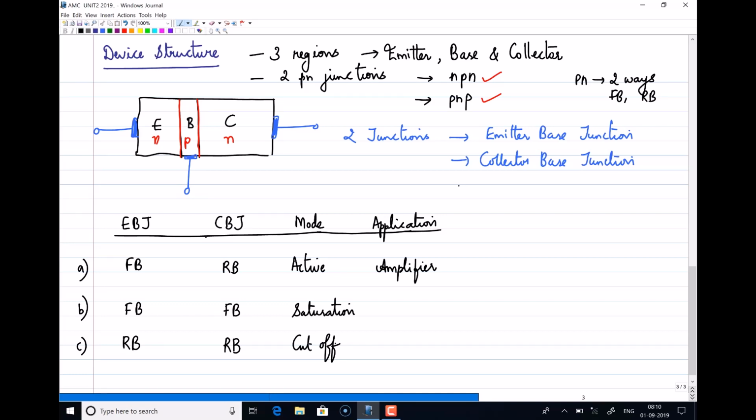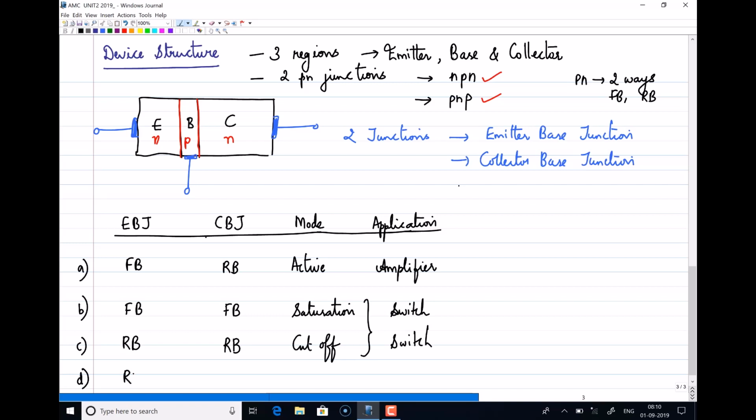So if I look at the saturation mode where both junctions are forward biased, the device simply acts as a close switch. And when both junctions are reverse biased, it acts as an open switch. So these two regions together can be utilized for switching applications.